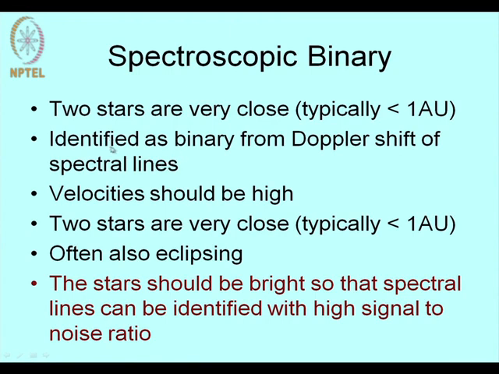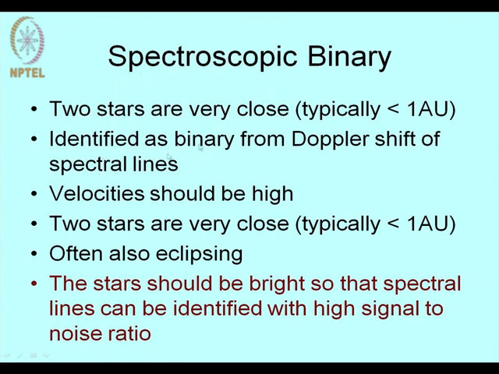The basic idea is that you have to be able to identify spectral lines coming from the two distinct stars, and as the stars move around you will have Doppler shifts, and since the two stars have different motions, you will have different Doppler shifts for the two different lines, and then from that you can make out that you have a binary system.